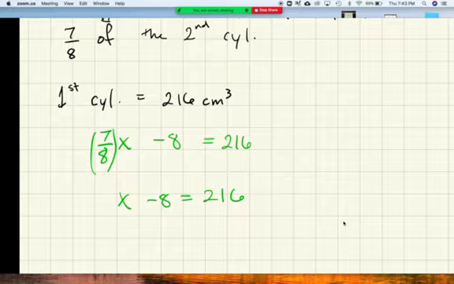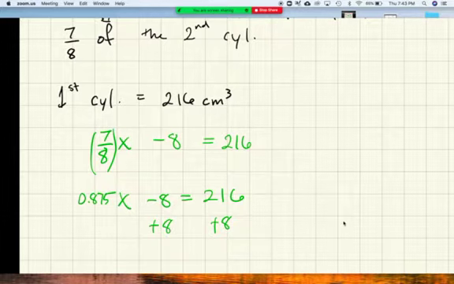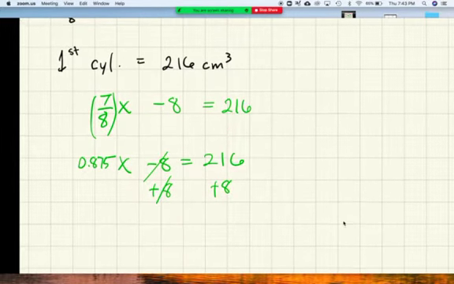Then I would add the 8 to the 216, which is 224.